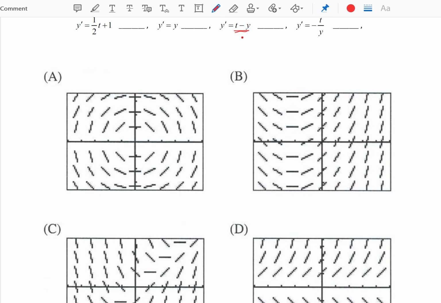So there's different ways you could try to imagine this. But I'm going to use the fact that anywhere that y and t are the same, the slopes will be 0. So in our direction field down here, that would be at maybe 0, 0, 1, 1, 2, 2, 3, 3. The slopes are all going to be 0. Using this, I'm able to say that this probably matches direction field C.